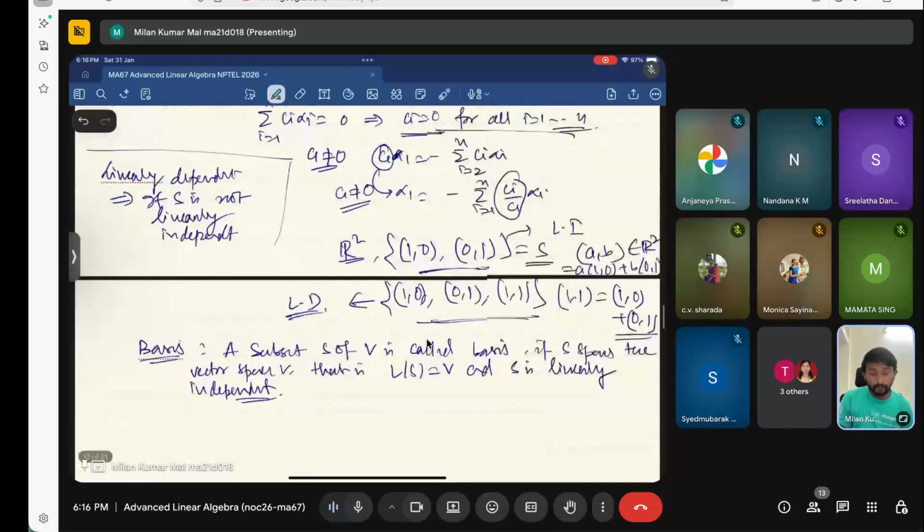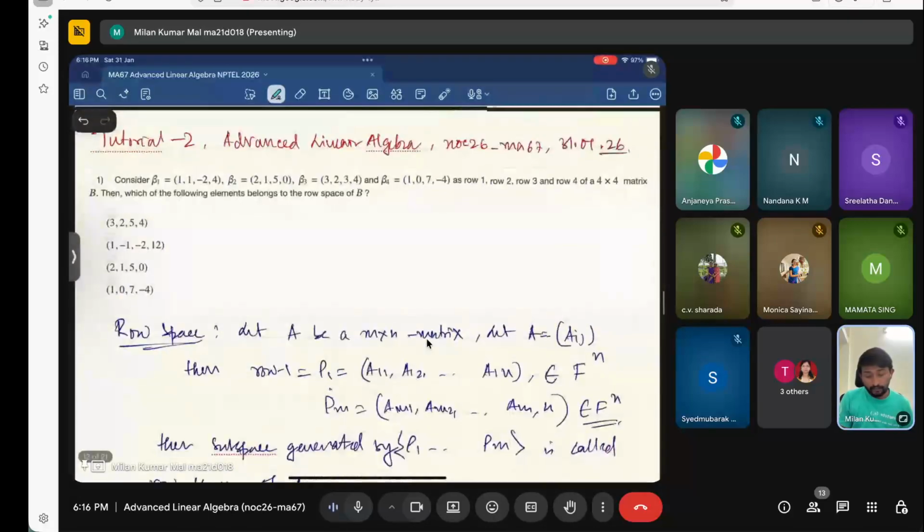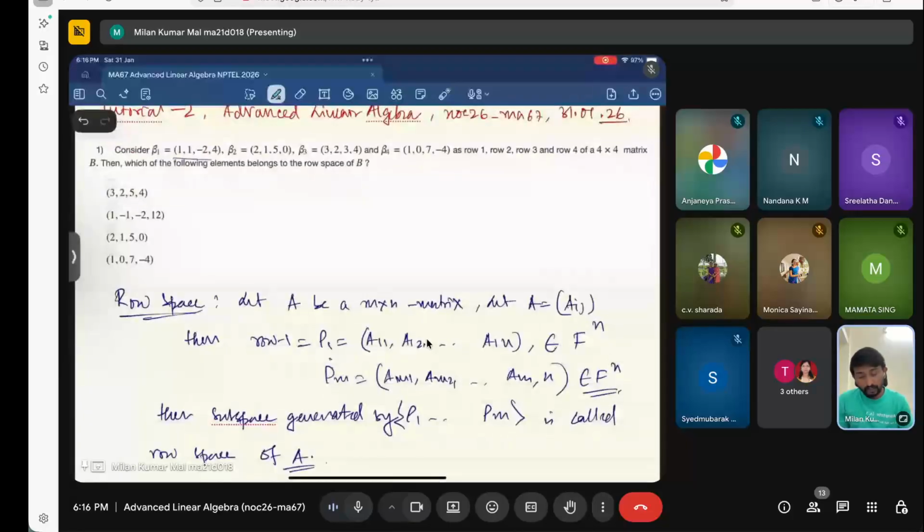So let me go back to the main problem. The main problem was: if beta 1 is this, beta 2 is this, beta 3 is this, beta 4 is this, then which of the following elements belong to the row space of B?